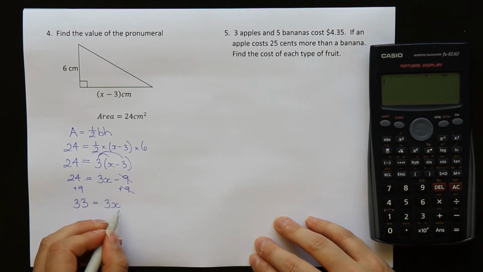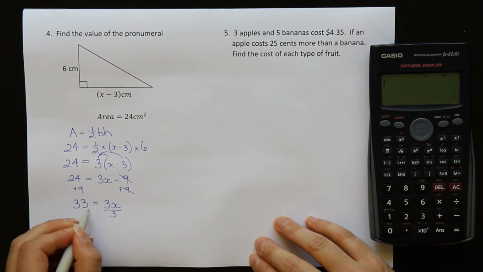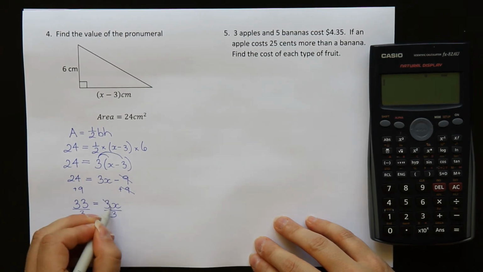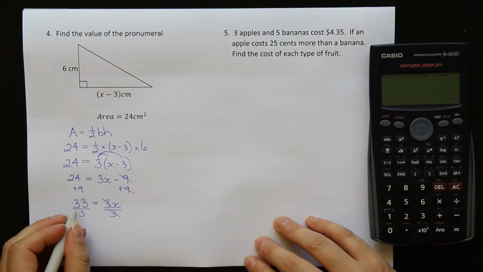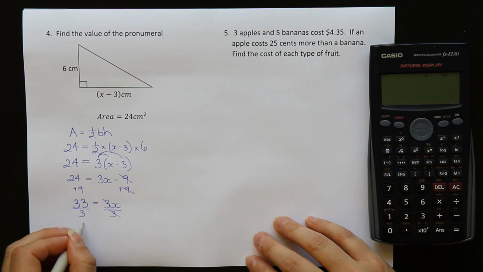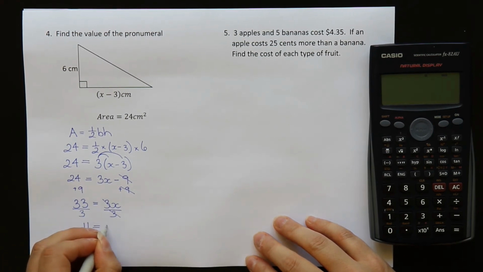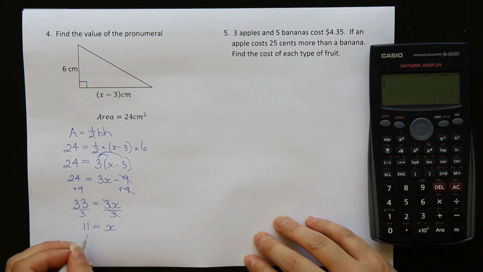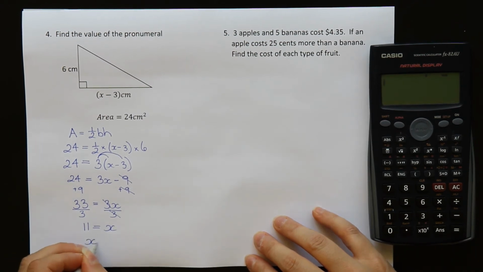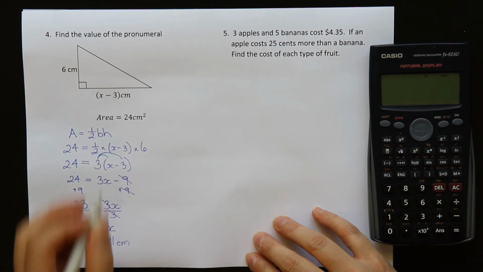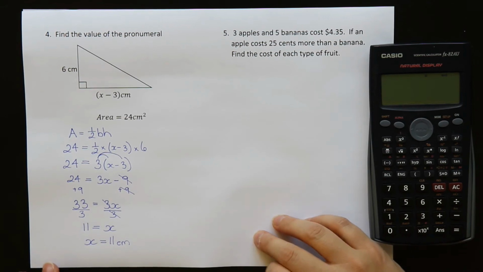Now 3 times x, I need to divide by 3 to get x by itself. 33 divided by 3 is 11. So 11 is equal to x, or x is equal to 11. We could also put centimeters because it is a length on our triangle up there.